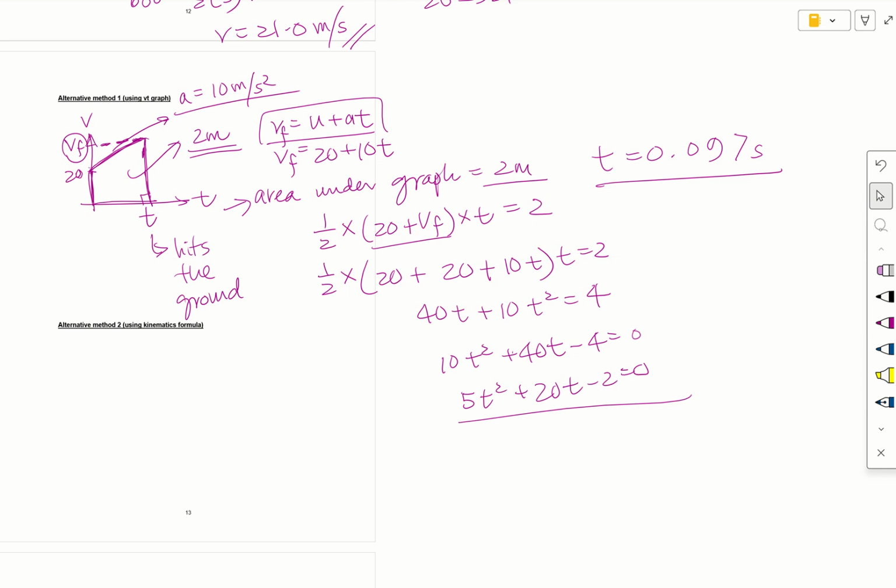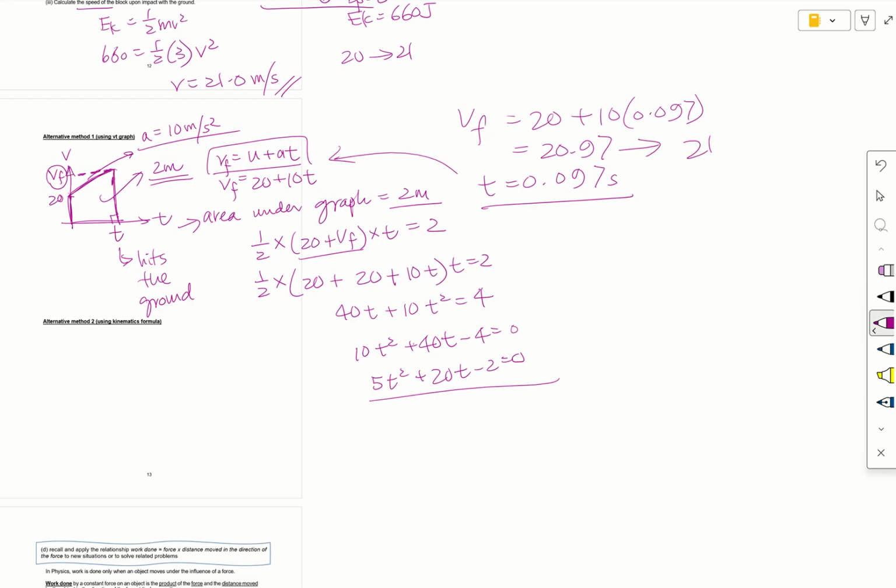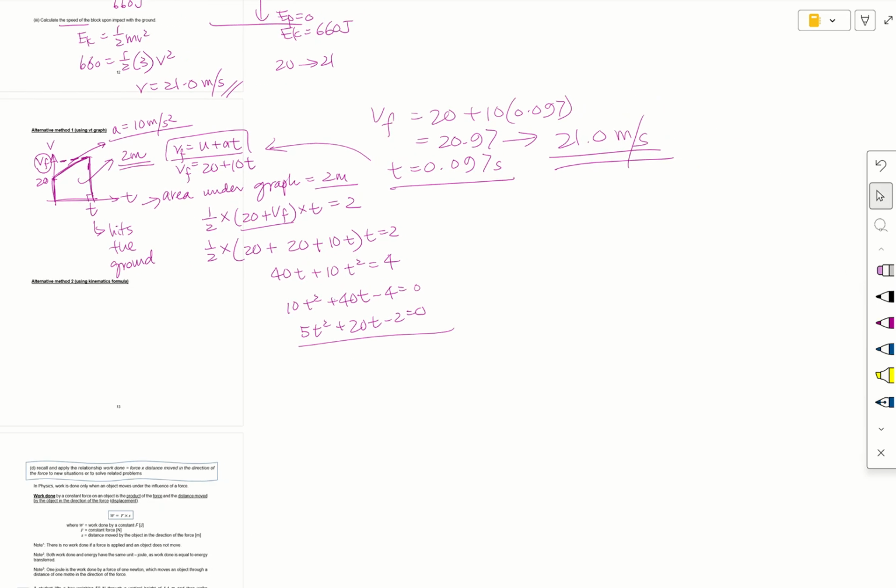So how do we get the final velocity? We sub back into vf equals u plus at. So the final speed is 20 plus 10 times 0.097. So we also get the answer of 20.97, which is 21.0 in 3 significant figures, meters per second.